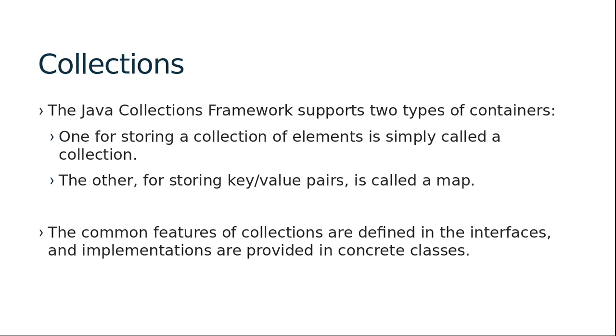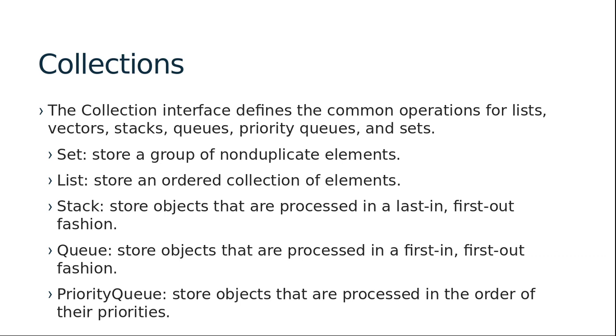Now, common features for all these collections are defined in the interfaces in the collection framework, whereas the implementation of all those common features is provided in the concrete classes.